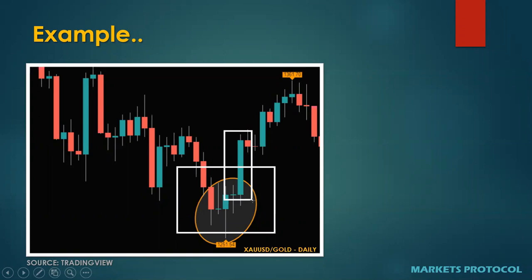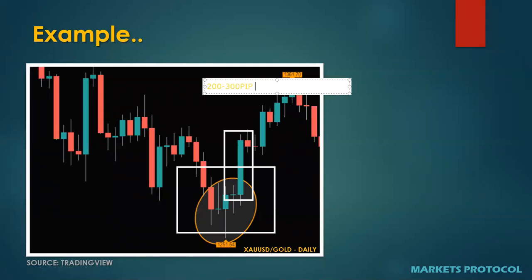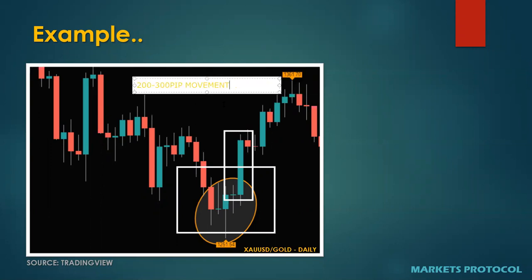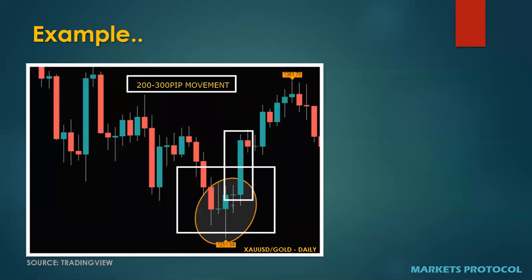Okay, now this is on a daily time frame on gold. You're looking to see at least 200 to 300 pip movement on a daily time frame, which is actually pretty big for gold. Okay, so if you recognize the opportunity, you can execute on the opportunity and be able to secure a lot of profits.